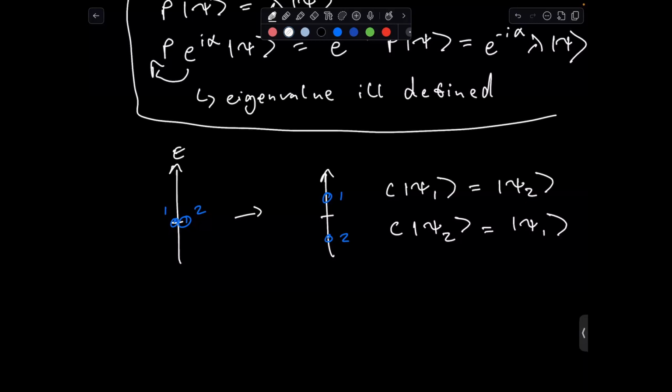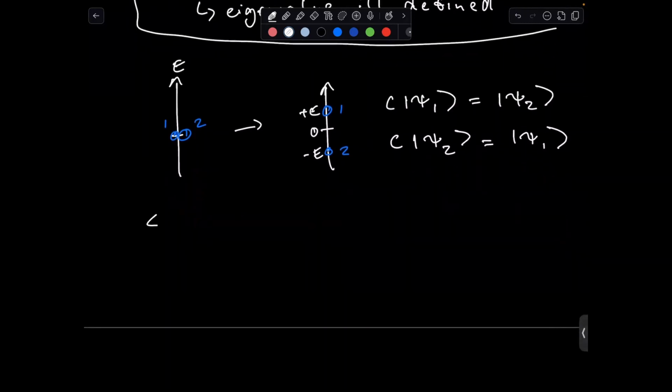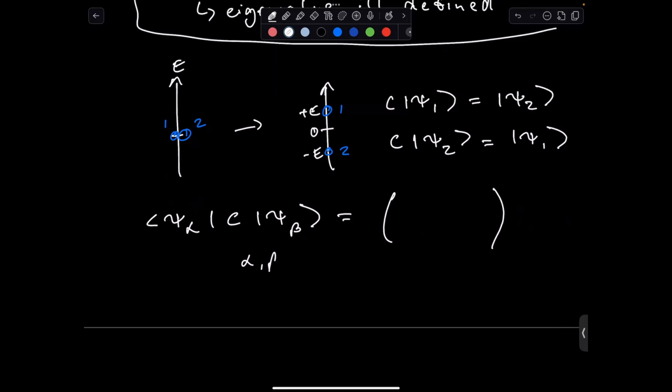So in that situation where the states go off to some finite energy plus E, minus E, C maps between the two states, meaning that if we write C in the basis of these states, so I'm going to write this matrix element psi alpha C psi beta, where alpha beta is 1 or 2, then I'll have a Pauli matrix sigma x, basically. I'll have this matrix evaluated at the index alpha beta.